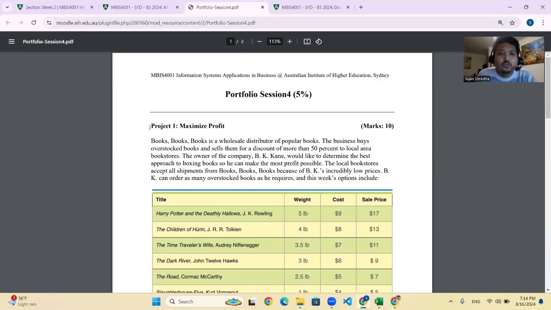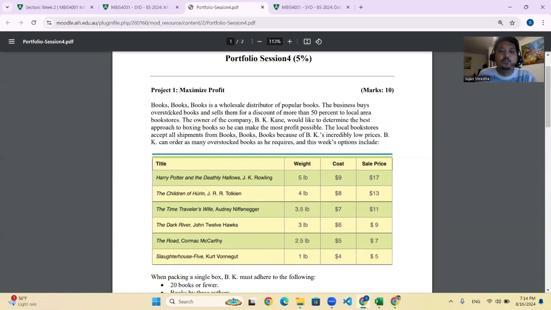Project one states that I have some data set, and I have to maximize the profit from that data set. Here in project one, I have the list of book titles and their weight, cost, and sales price respectively.